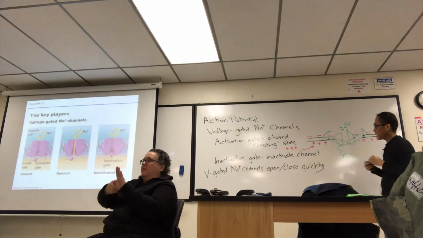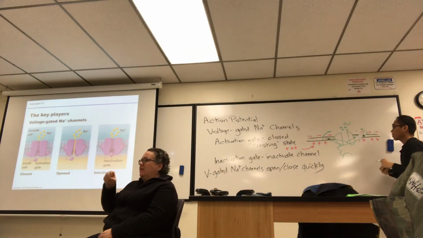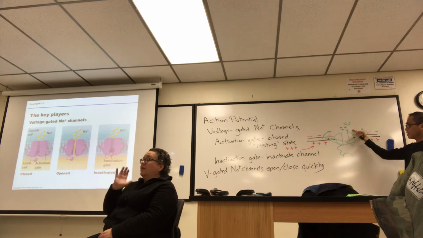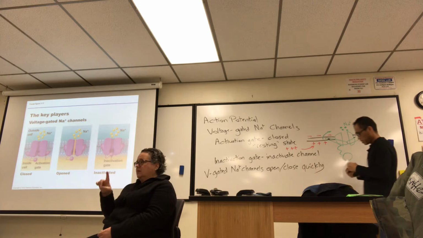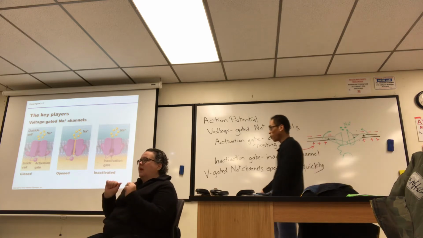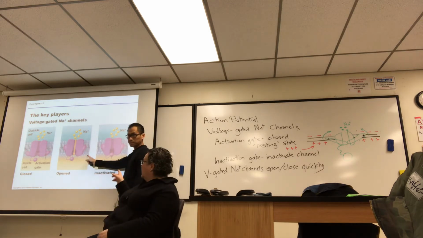And that'll open the gate, and that'll allow for depolarization, where it was polarized, now it's going to depolarize, the sodium influx will come in. Okay. So instead of trying to redraw the whole thing, just look at the middle frame here. That's how you open the gate.